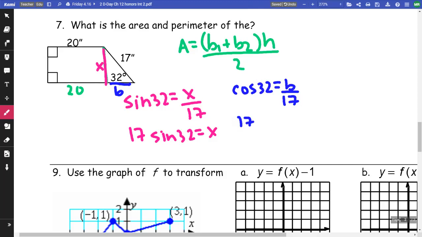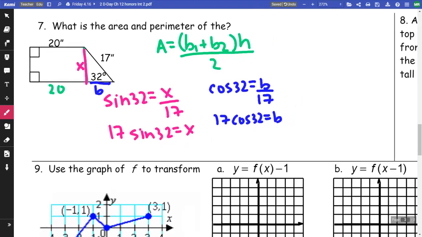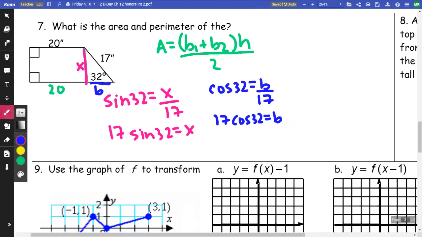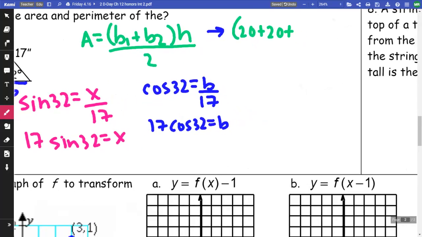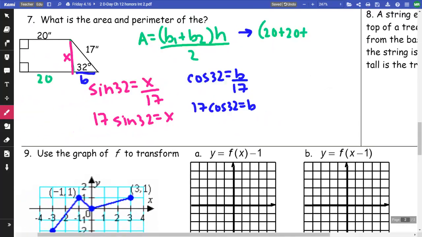So 17 cosine 32 equals B. So when I'm trying to find my area, I am going to take my top base, which is 20, plus my bottom base, which is going to be 20 plus 17 cosine 32. I'm going to be timesing that by the height.